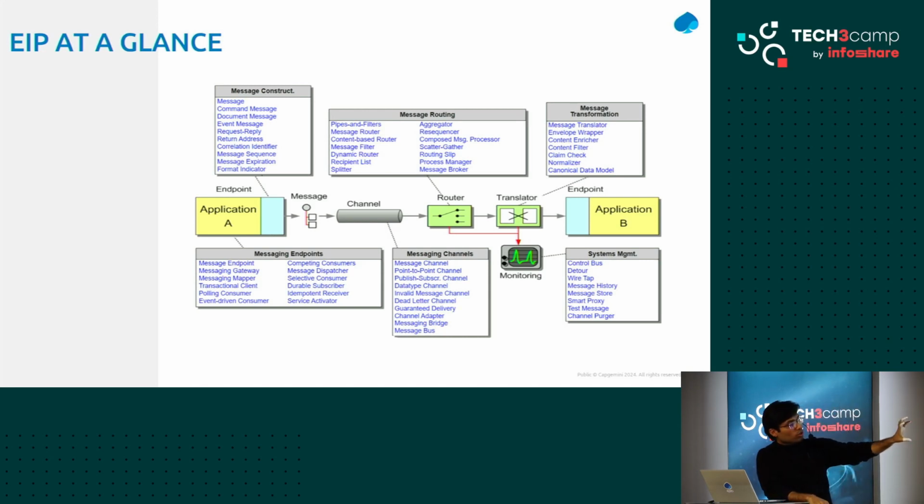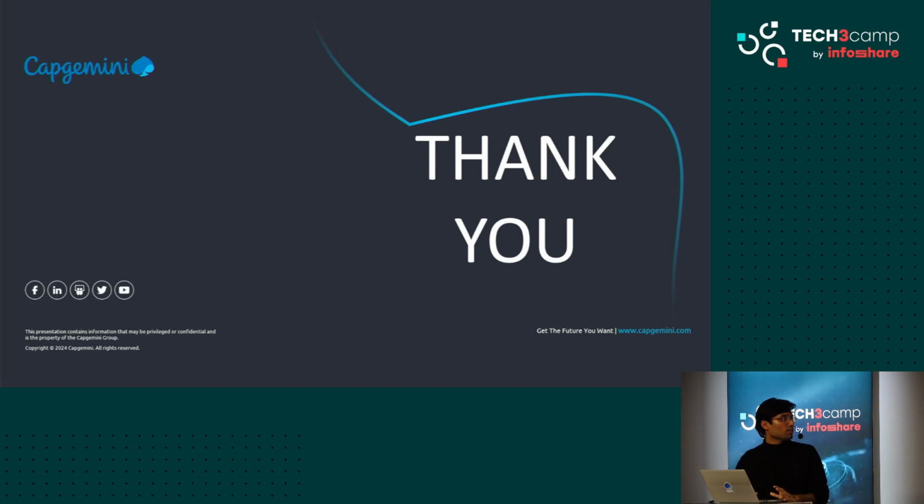At every stage of this communication between these two services, we have some pattern available at our disposal to make this overall architecture neat, clean, and less clumsy, right? So that is all that I had to present with regards to enterprise integration patterns with the help of Apache Camel. If there are any questions, I'm ready to take them.